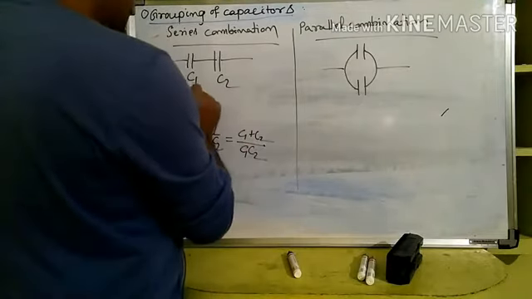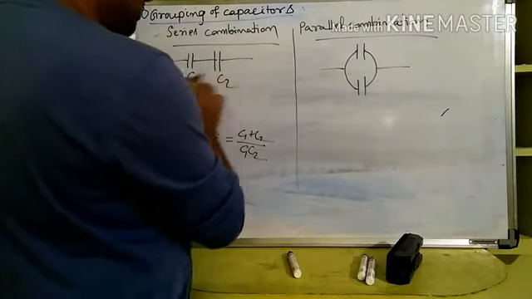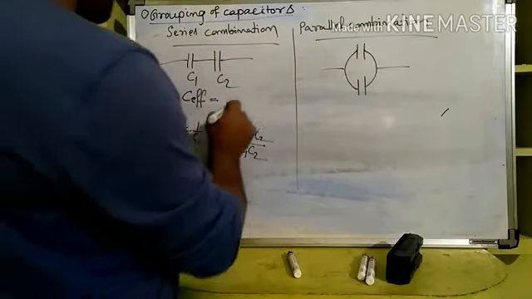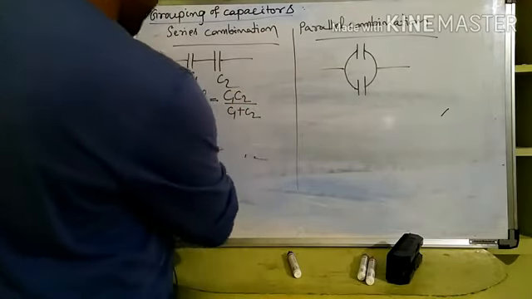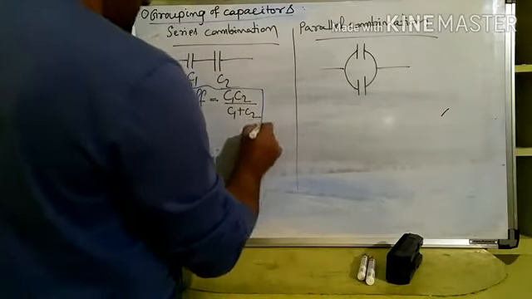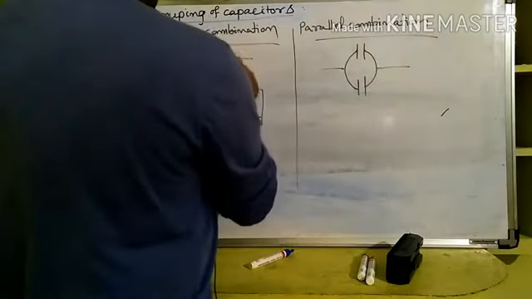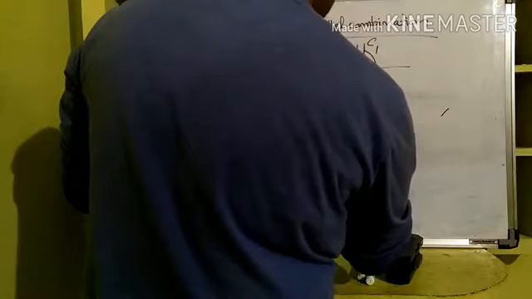So the effective capacitance of two capacitors C1, C2 when connected in series is C1 C2 by C1 plus C2, and the effective capacitance when two capacitors of capacity C1 and C2 are connected in parallel is C effective equal to C1 plus C2. Simple.